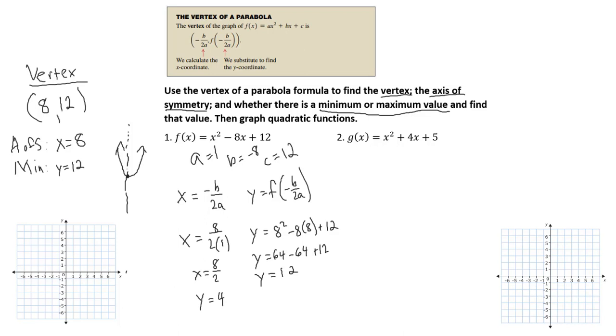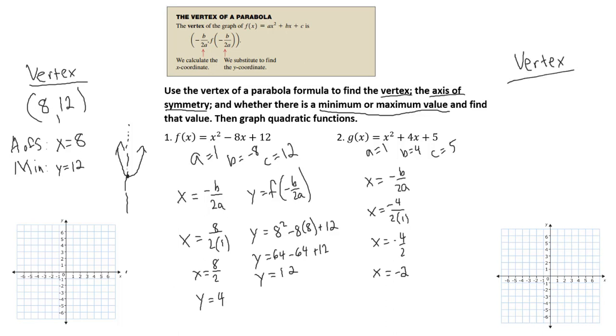Okay, let's look at the next one. We're going to identify a as 1, b as 4, and c as 5. So x equals -b over 2a. So x equals -4 over 2 times 1. So x is -4 over 2. So x has a -2 value. So for here, our vertex is at -2, something.